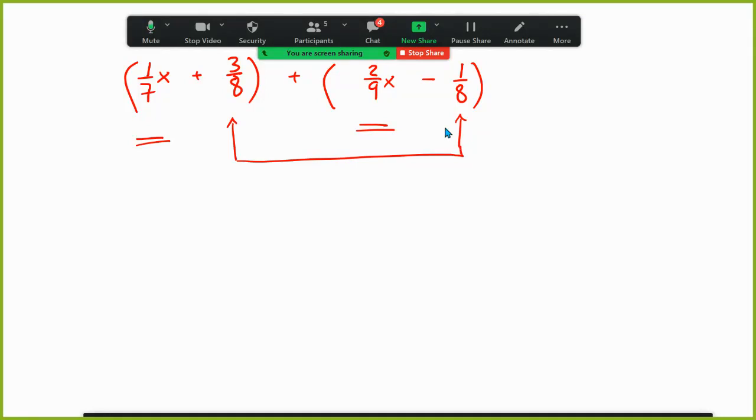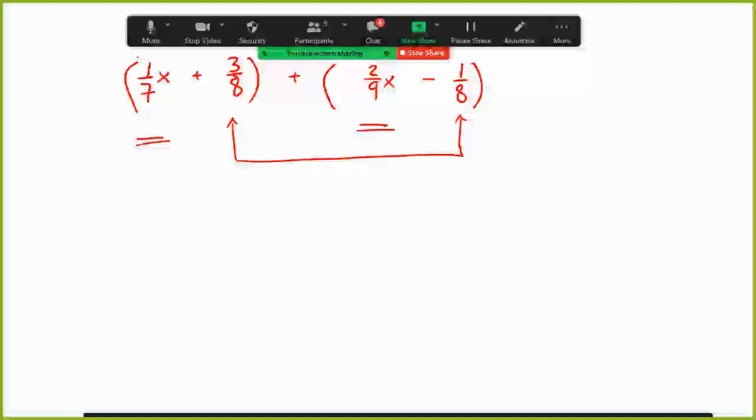Now, a couple of things to mention. These are in different parentheses, but the parentheses are just grouping them together. When this problem starts, I look at the first parentheses kind of like a packet.